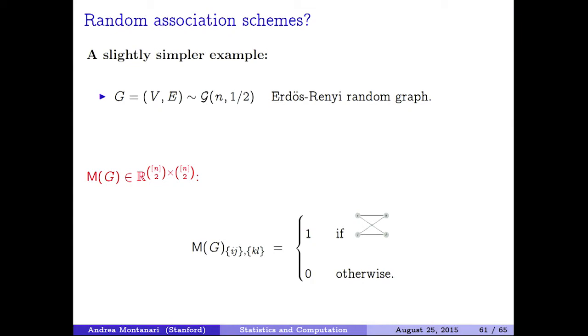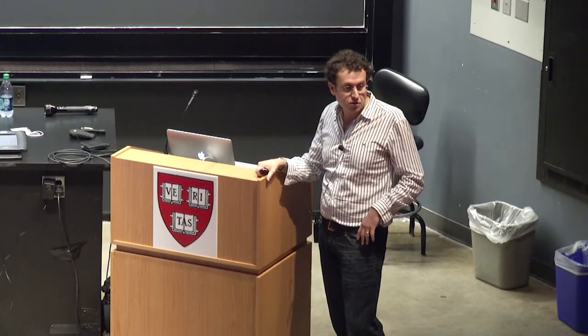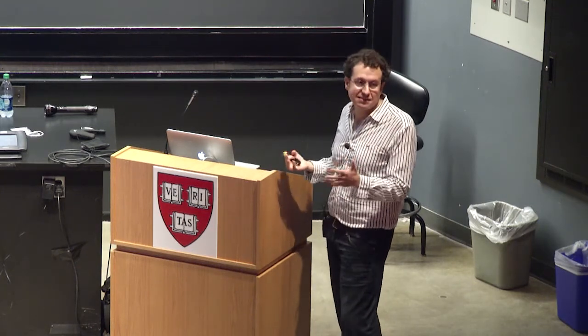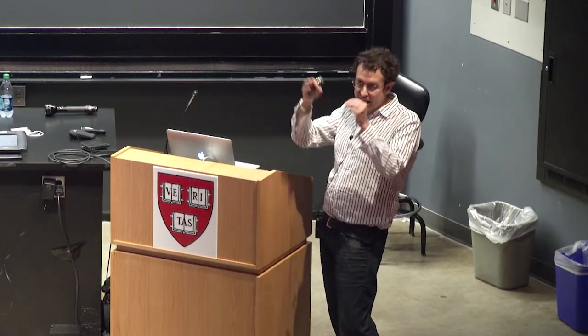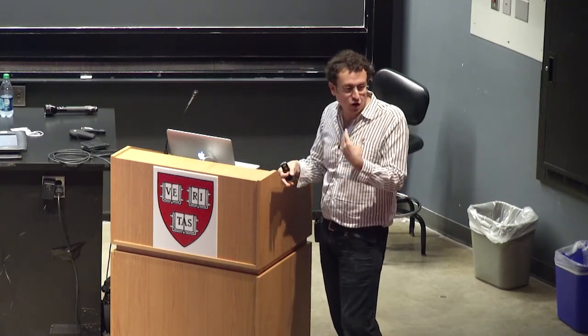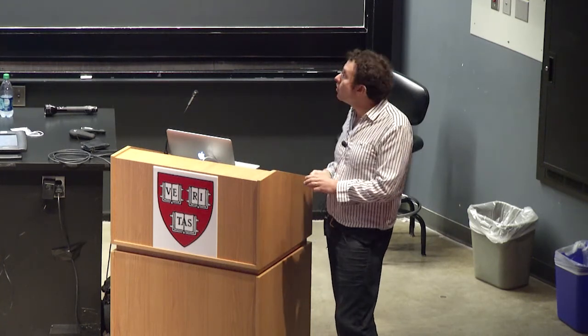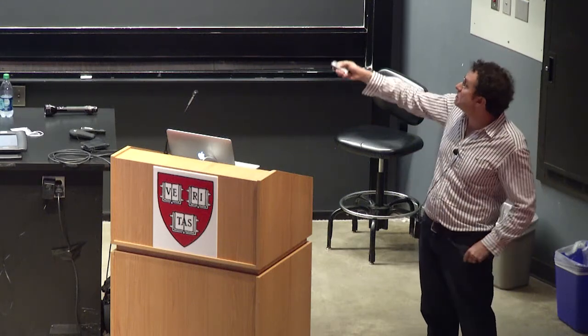The real matrix is a bit different from this, but this gives a random matrix with highly dependent entries, because it has n squared by n squared entries, but only n random variables. It's constant sparse, because the probability of this event is a constant.